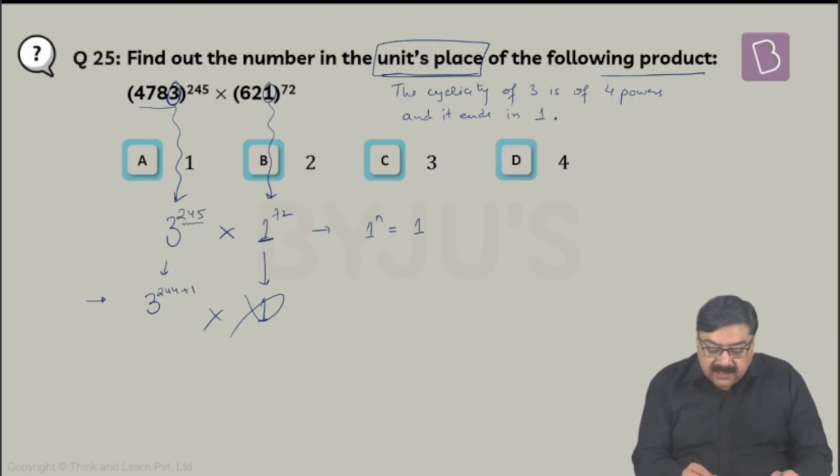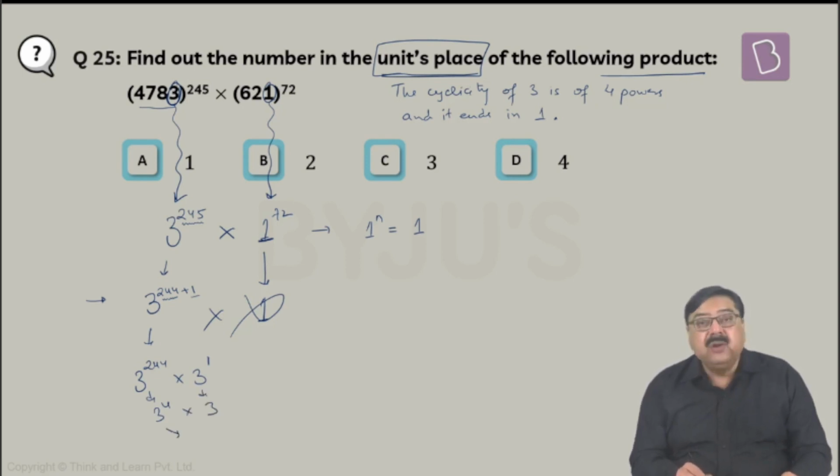So that is why it was important that you write the nearest multiple of 4 but lesser than 245, and the remaining power, that is 1. So this becomes 3 raised to 244 into 3 raised to 1. Now 3 raised to 244 is the same as 3 raised to 4, and 3 raised to 1 is nothing but 3. 3 raised to 4 ends in 1, into 3 from here.